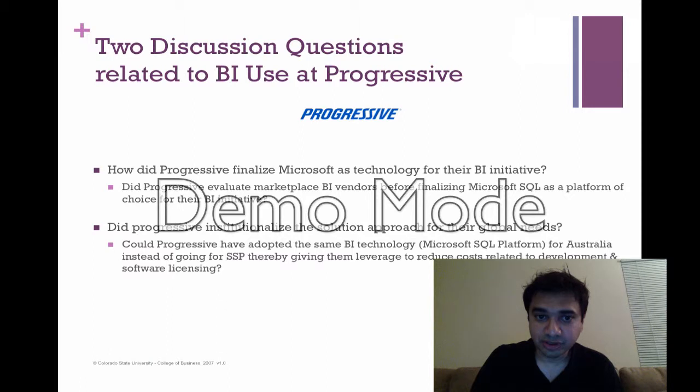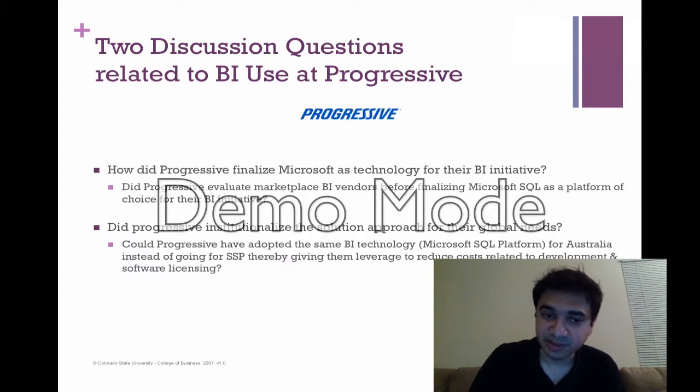Somebody might have read about this, but I was not able to find a lot of information on whether Progressive evaluated any marketplace BI vendors before finalizing Microsoft SQL as the platform of choice. It might be interesting to know what steps Progressive took to ensure that Microsoft was the right platform for them.